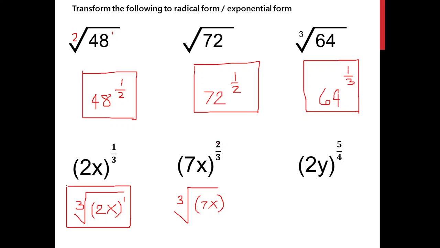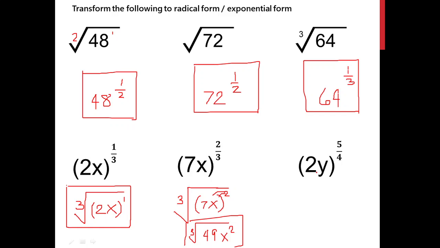The numerator of your exponent becomes the power of your radicand. Now simplifying this one using the law of exponents, distribute that here. So this becomes the cube root of 7 raised to the power 2, which is 7 times 7, which is 49. x raised to the power 2 is x squared. So this will be our x.